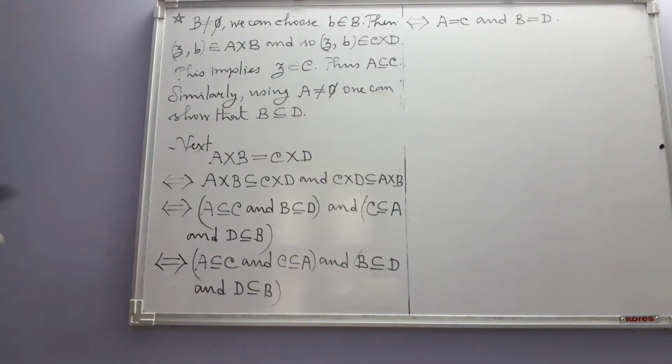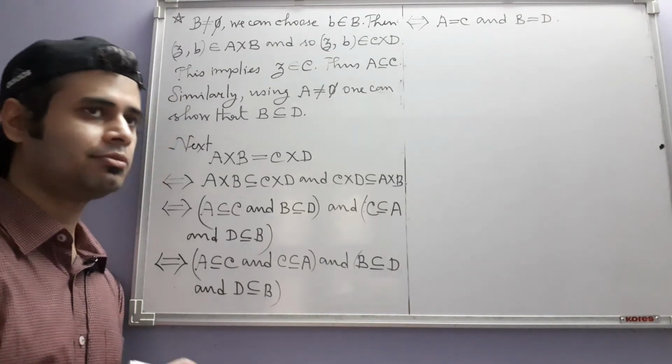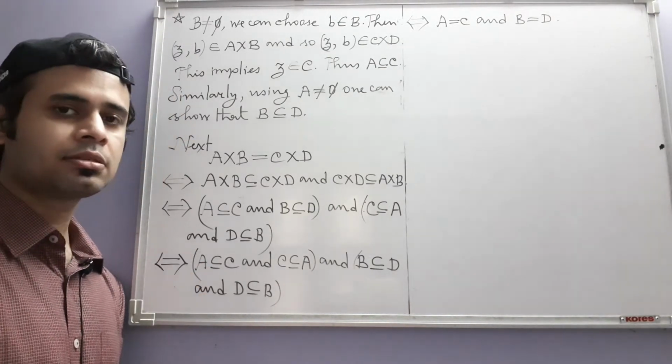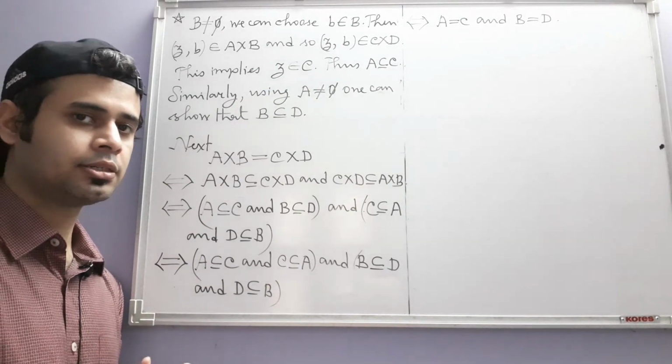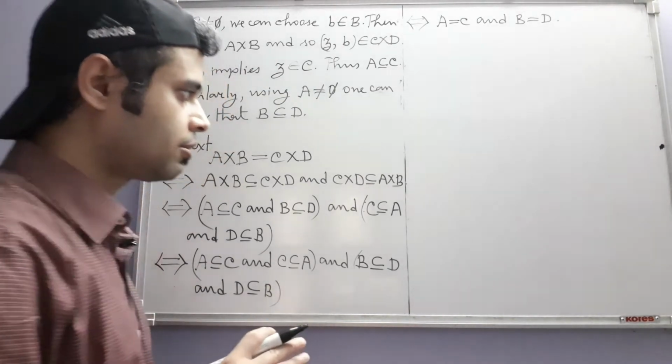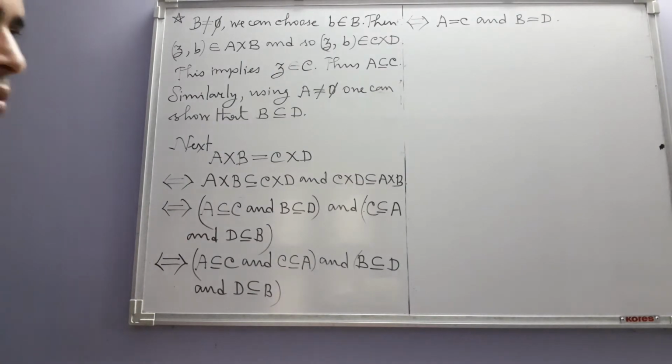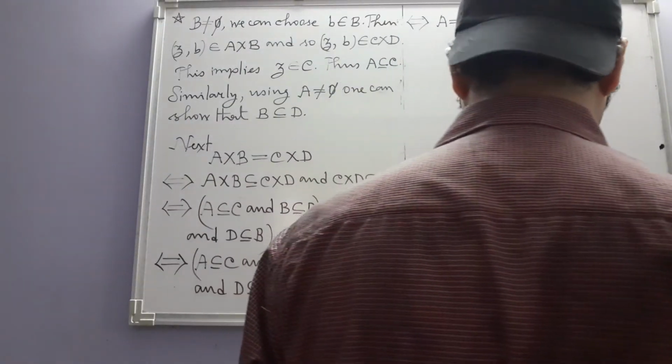Now lastly we have to address the question: what happens if the restriction of non-emptiness of all the sets is not there? Then it's not necessary that these results are true. For that we take this example.